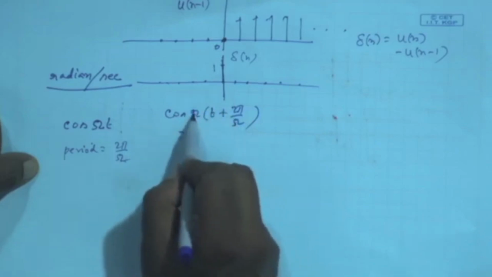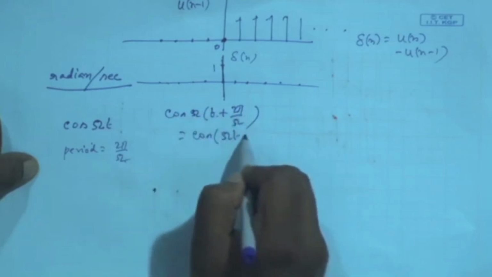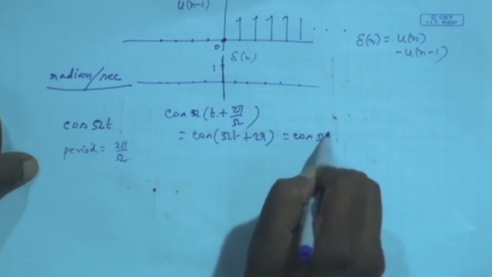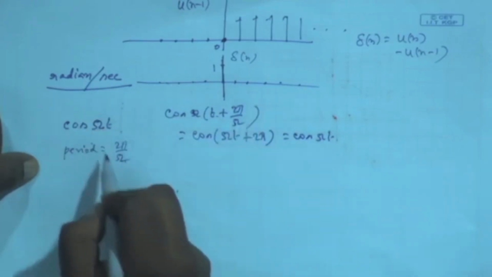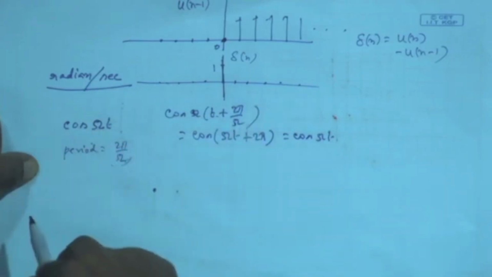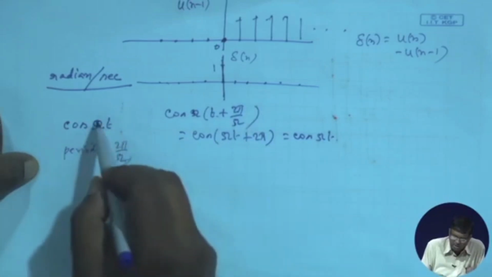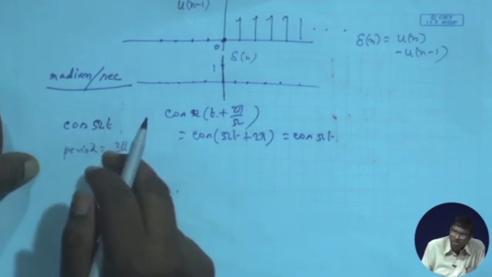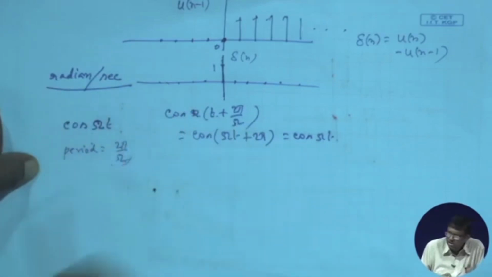So, you get basically cosine of omega t plus 2 pi, which is cosine omega t. So, it is periodic for any capital omega over this period. If analog frequency is capital omega radian per second, then we know it has to be a periodic function. We know how it looks, a sinusoidal waveform, and period is this.